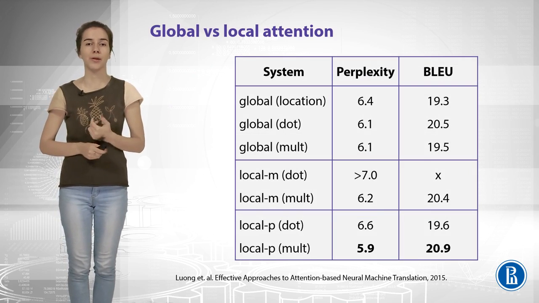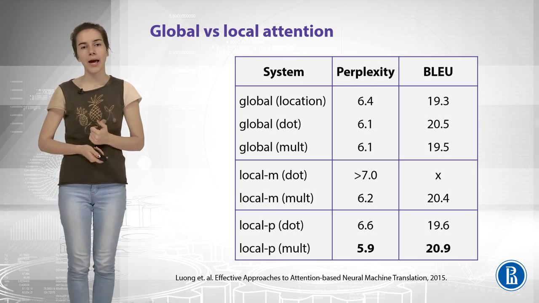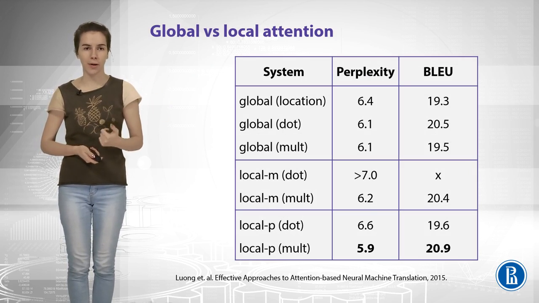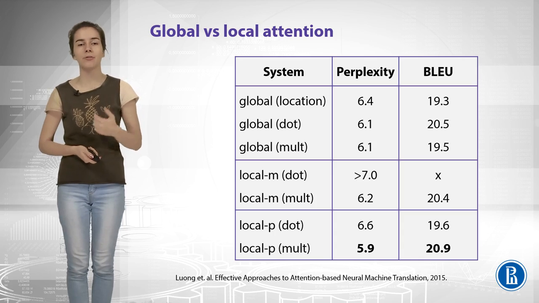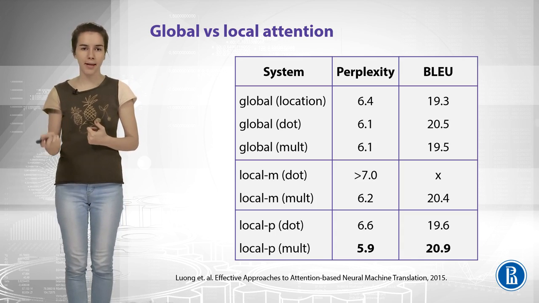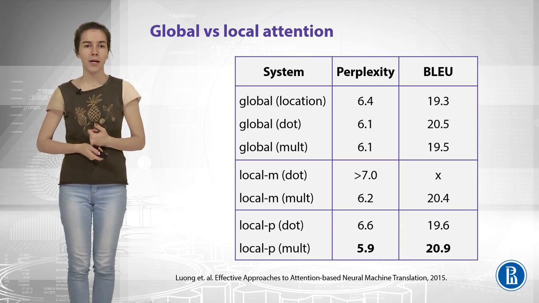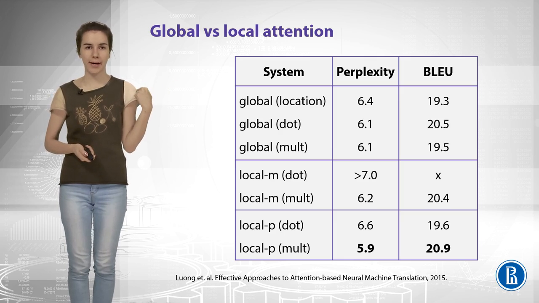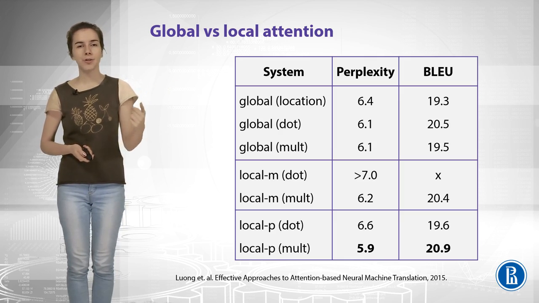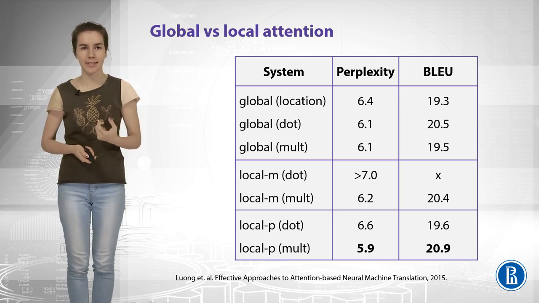Now I want to show you the comparison of different methods. You can see here that we have global attention and local attention. And for local attention, we have monotonic predictions and predictive approach. And the last one performs the best. Do you remember what is inside the brackets here? These are different ways to compute similarities for attention weights.